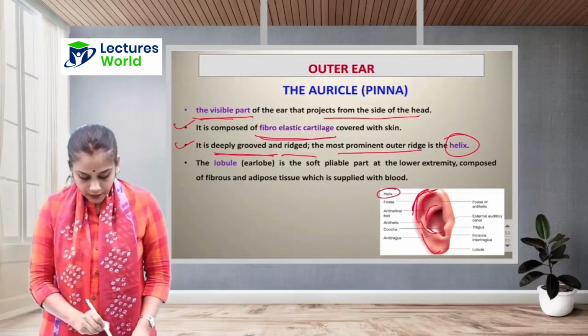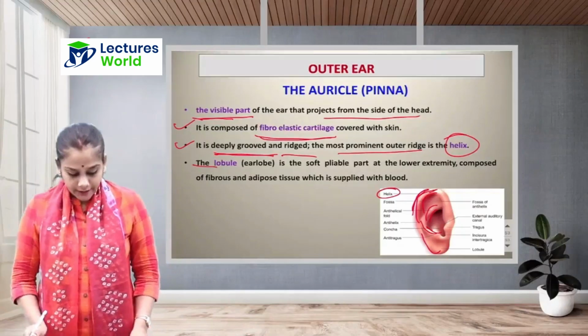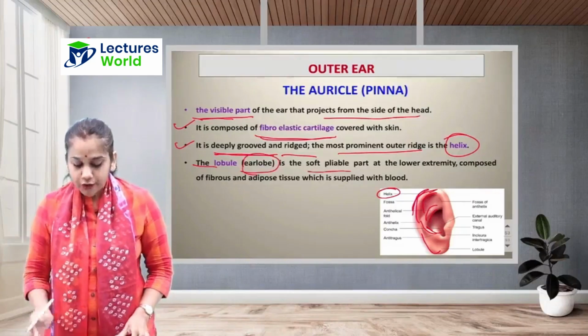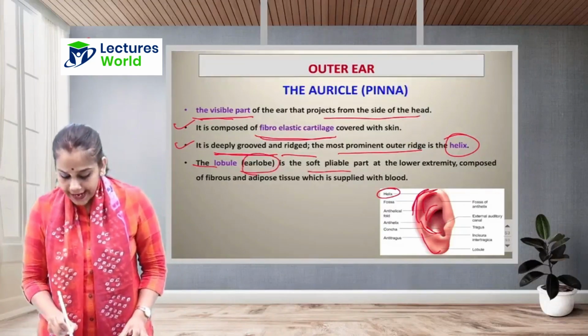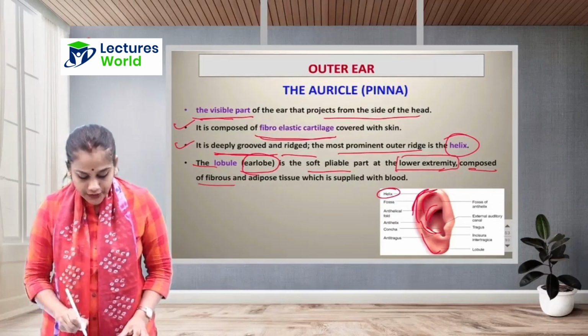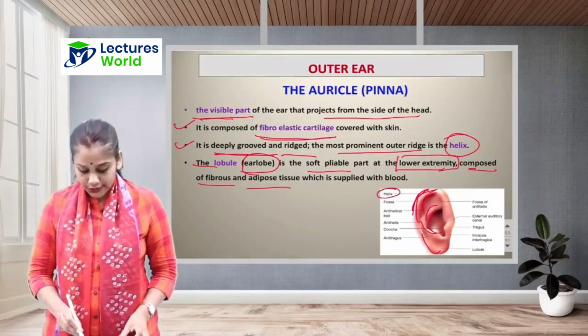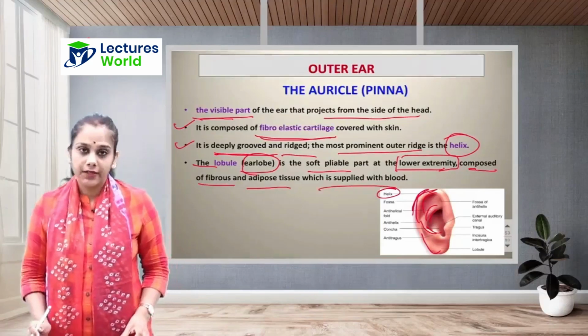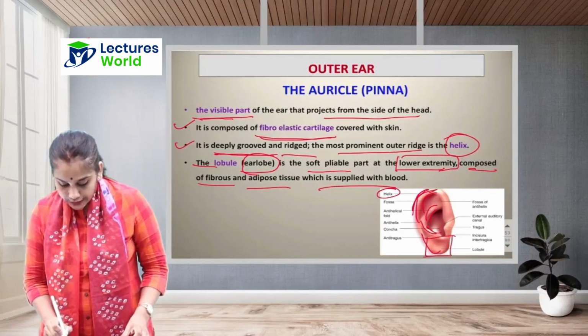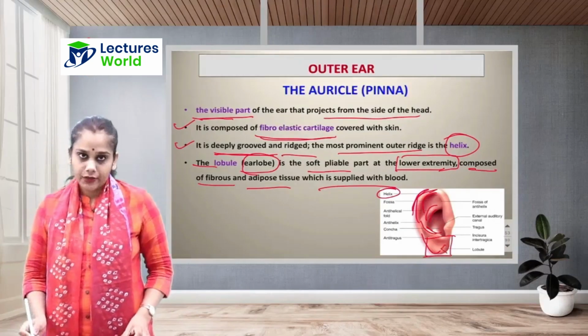Then the lobule, or we can say the ear lobe. It is a soft, pliable part at the lower extremity, composed of fibrous and adipose tissue, which is supplied with blood. See, this portion is known as the lobule.